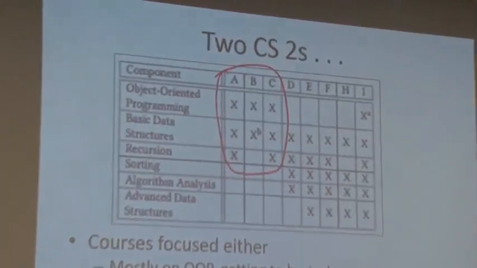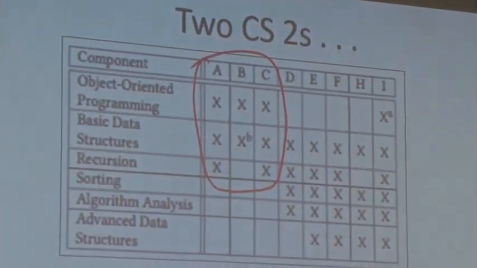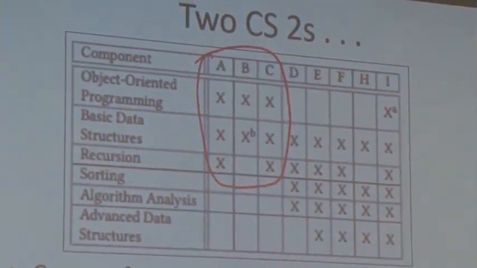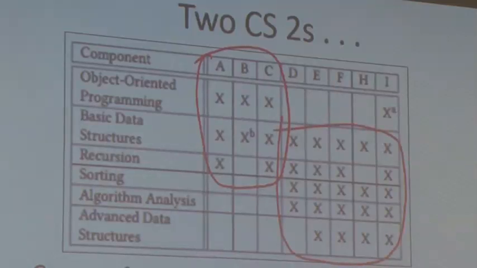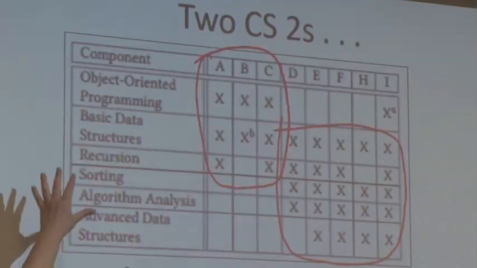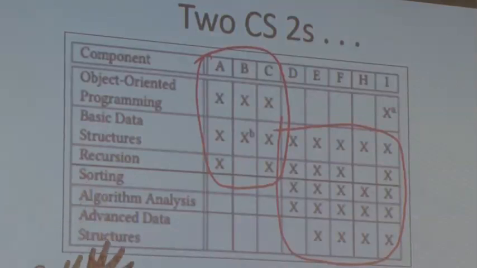We have one set of classes up here that really focuses on object-oriented programming, covers basic data structures, and maybe gets to recursion. We also have one set of classes down here that starts with basic data structures, covers recursion and all of these advanced topics, sorting, algorithm analysis, and advanced data structures, and is really not doing object-oriented programming.